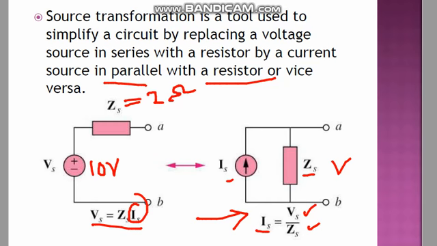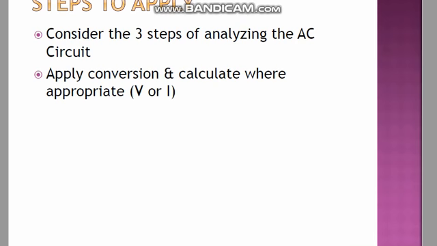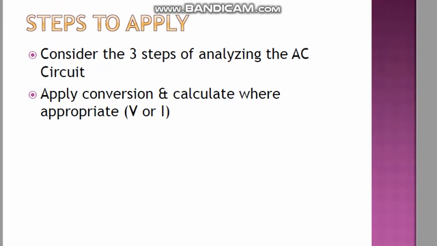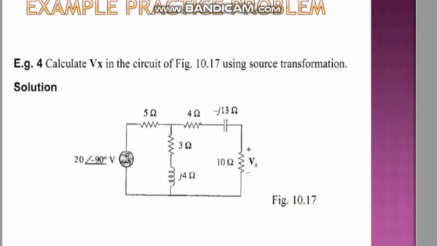So let's go to another section, the steps to apply. Consider three steps to analyze the AC circuit as previously discussed: apply conversion and calculate where appropriate V or I is given. Now let's go to an example practice problem.